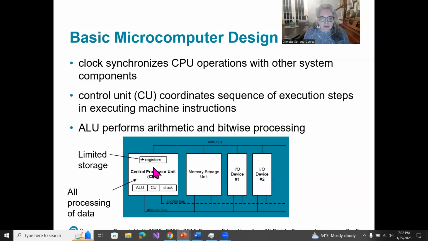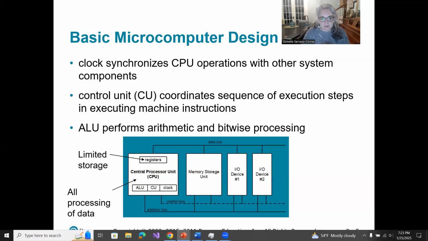Now the CPU itself has 3 parts. It has a clock that synchronizes the CPU operations with other system components. So it has a clock that's going to synchronize those instructions that get sent to RAM, or maybe an address that gets sent to RAM or data, and also to input-output devices.